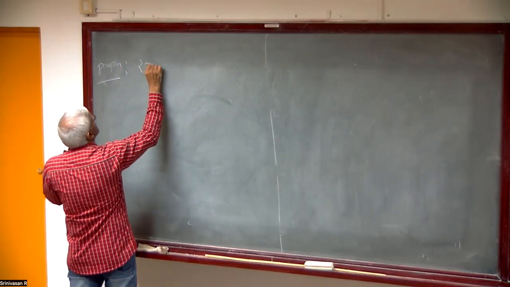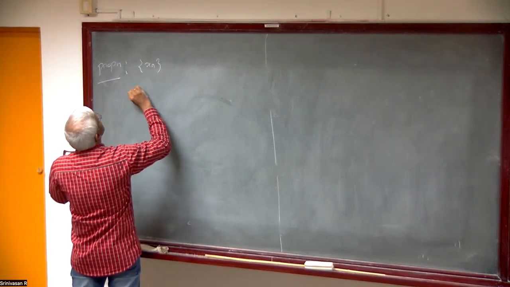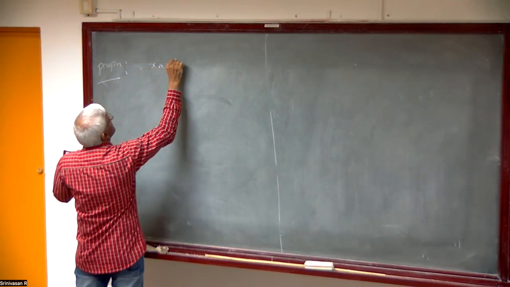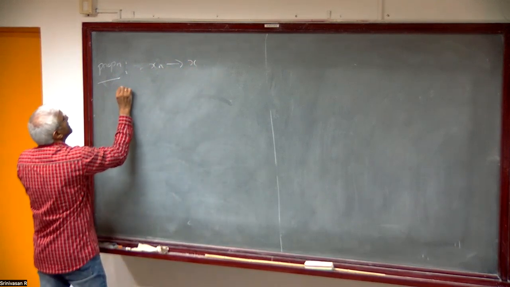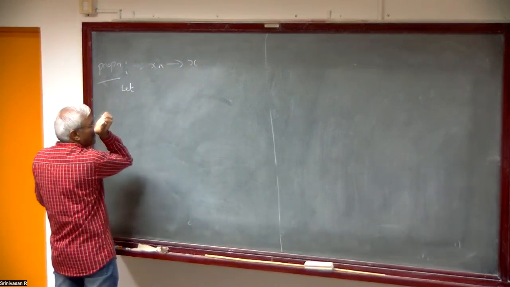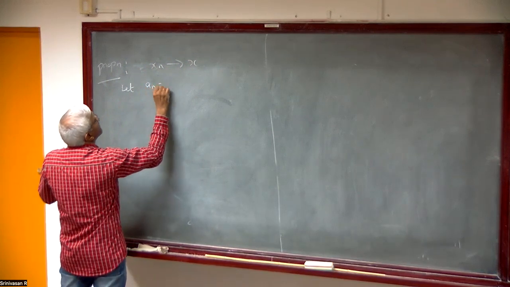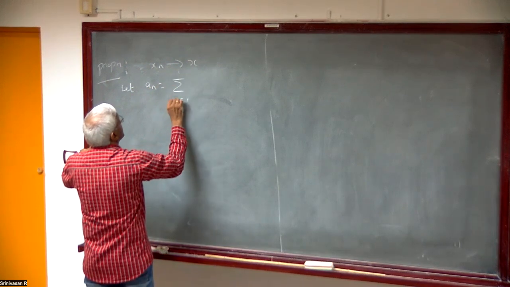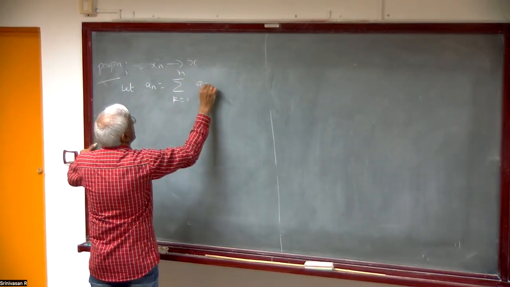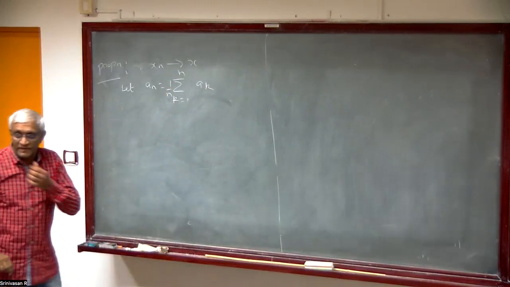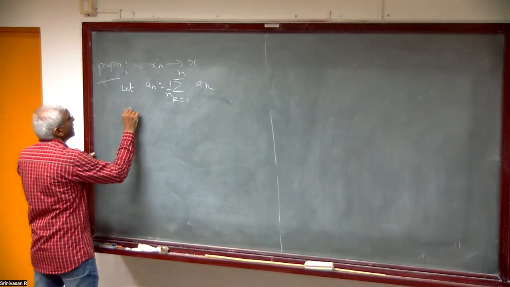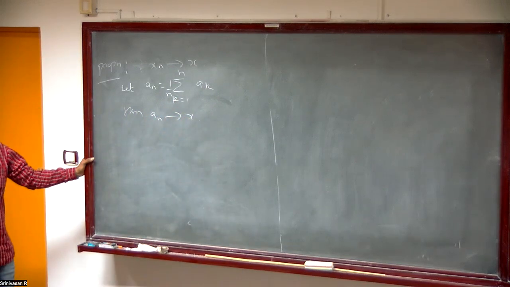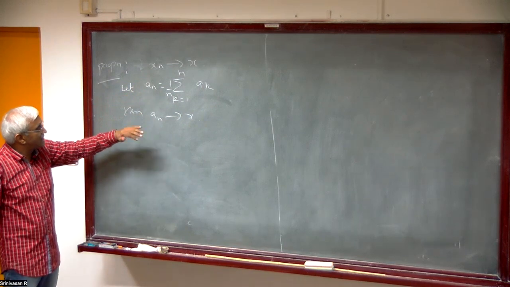If x_n is any sequence in R, and x_n converges to x, and let a_n equal the summation over k equal to 1 to n of x_k, times 1 by n. Take the average of this. Then a_n converges to x. So if you have some sequence, then this is called the Cesaro sum.